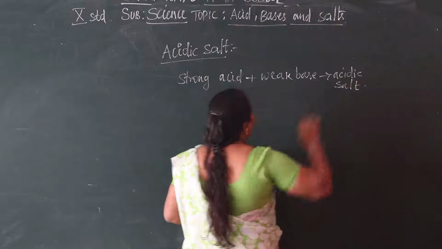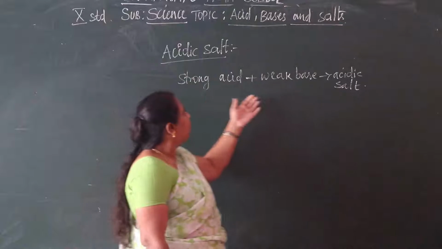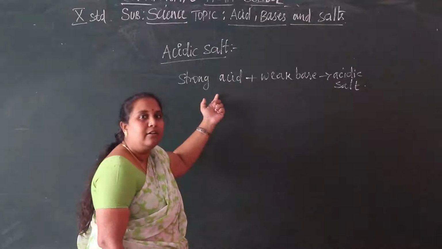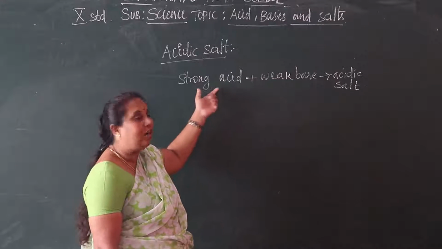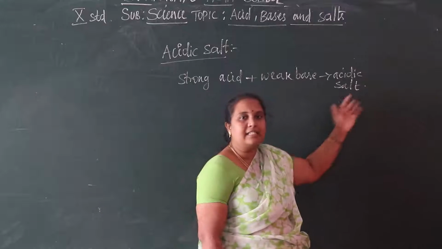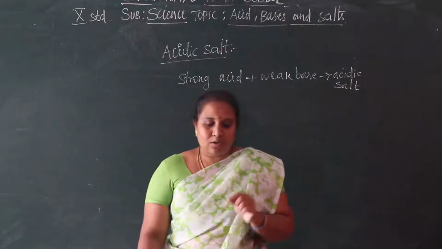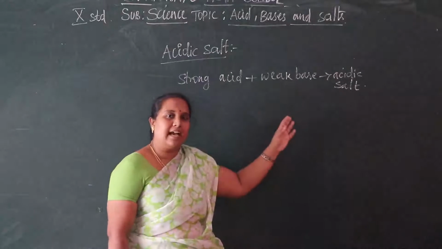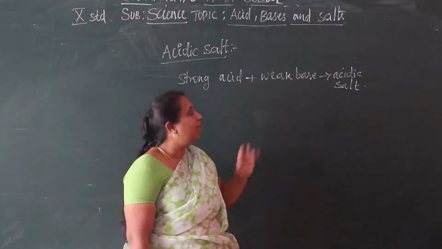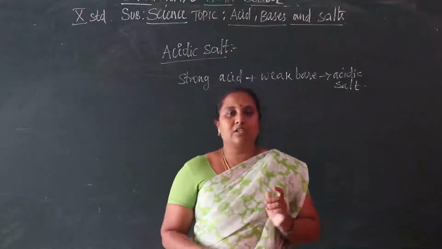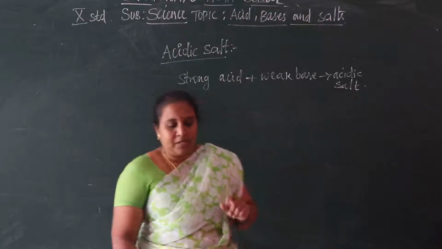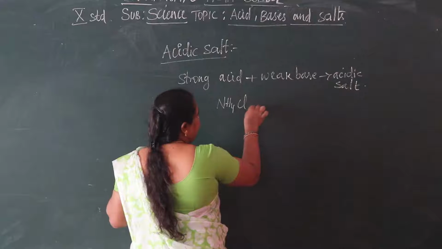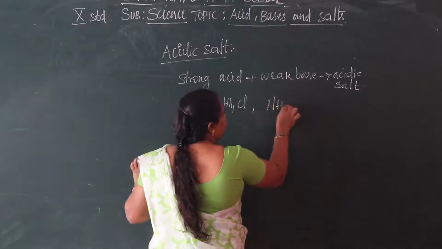The weak base doesn't neutralize the strong acid fully, so we get acidic salt here. So the salts formed after the reaction of strong acid and weak base are acidic salts. For example, ammonium chloride and ammonium sulfate.